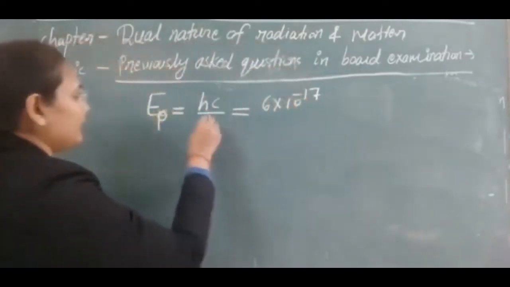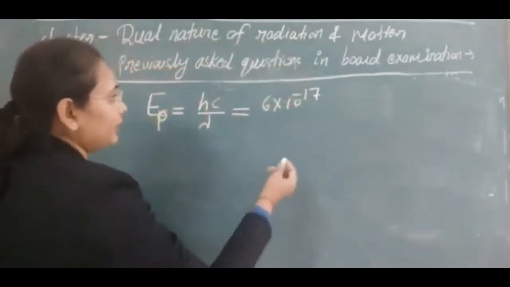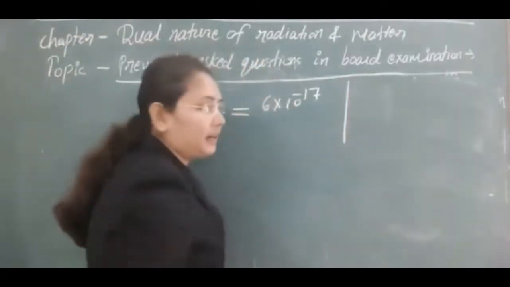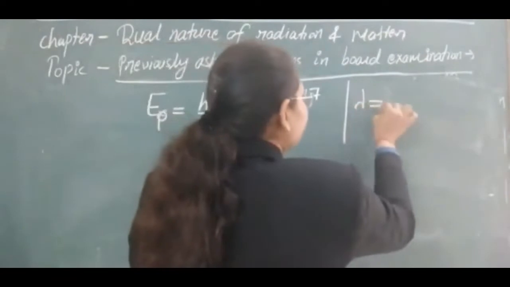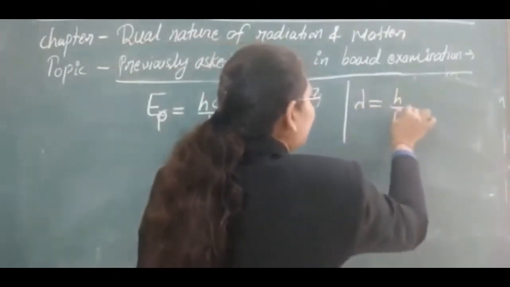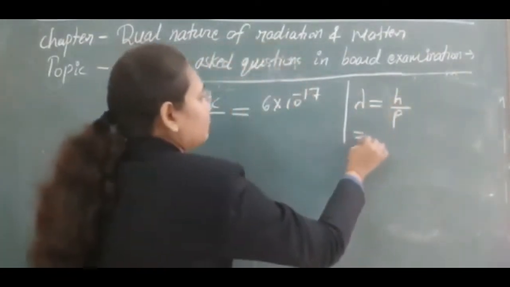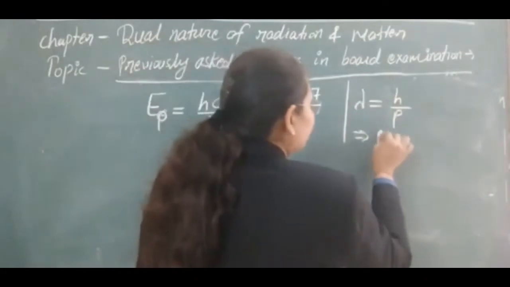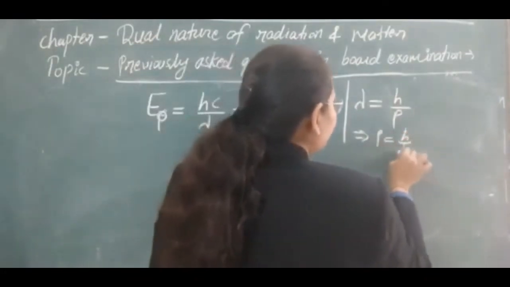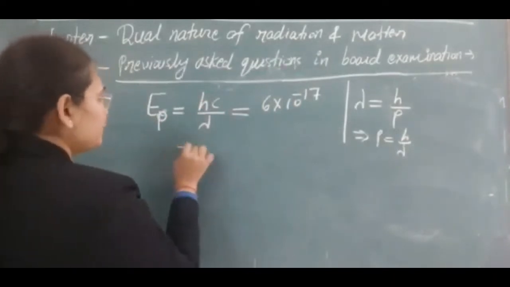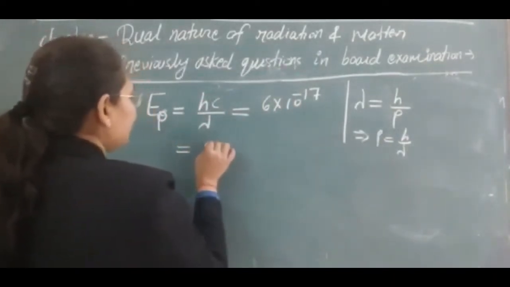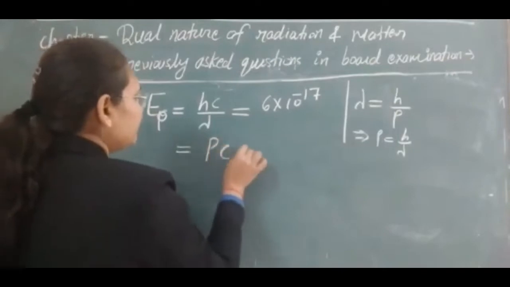Now we have to calculate what will be the momentum of the electron here. As we know, the momentum of any electron or matter particle using the de Broglie hypothesis is given by lambda is equal to h upon p, or p is equal to h by lambda. So as h upon lambda is what we are seeing here, in place of h upon lambda we can write p.